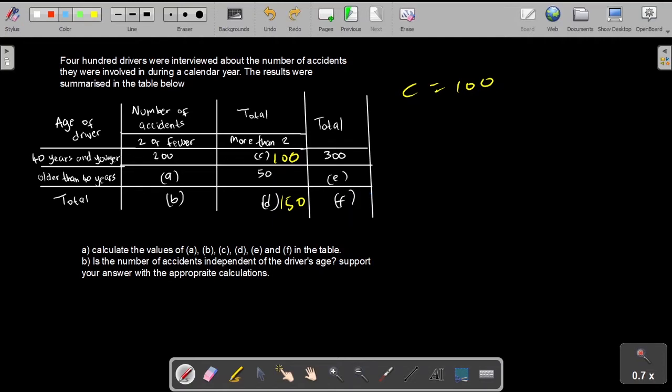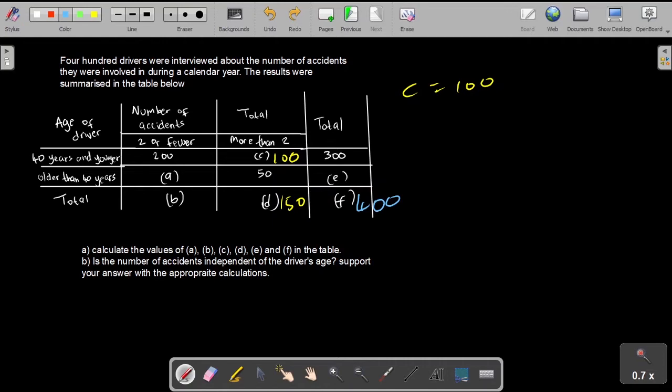So this F over here has to be the total number of people. In this case, we're dealing with people, and it says 400 drivers in the question. So that is what we expect all the way at the last corner, because it will be the sum of that and the sum of that. So that can only give you the total number of people. So that last block in the corner, you expect that to be the total always.